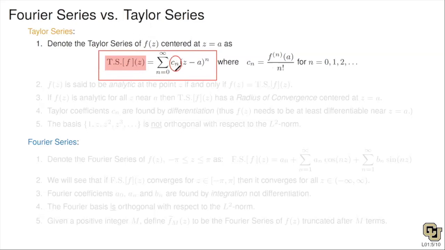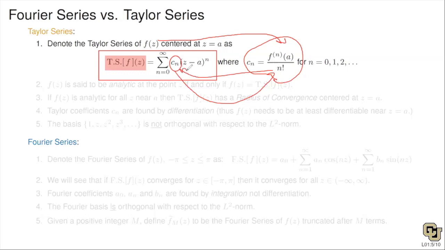And we can prove in calculus that if a function can be represented as a power series, then the coefficients would have to have this formula. So what's the procedure? You give me a function f of z, I calculate the derivatives, evaluate at a, figure out this coefficient, plug it in here, there's our Taylor series.